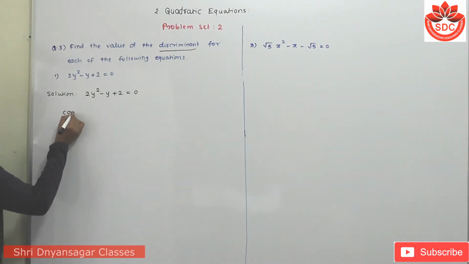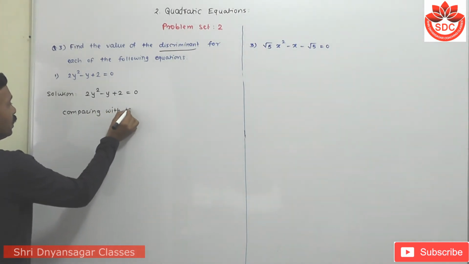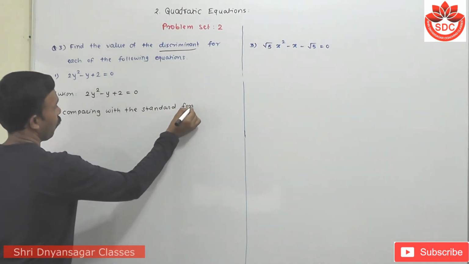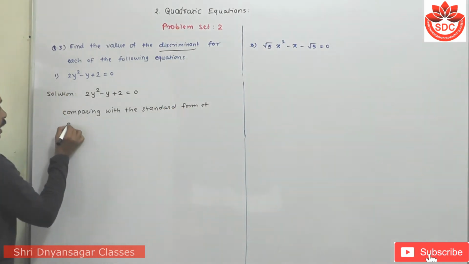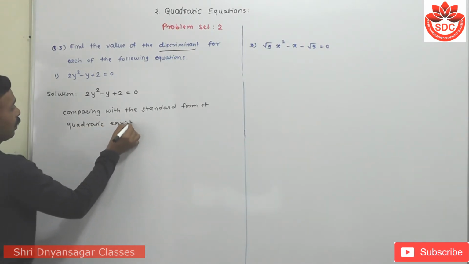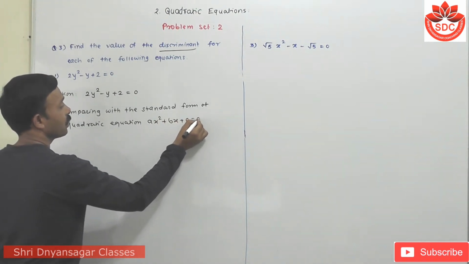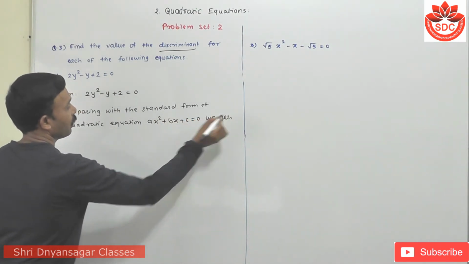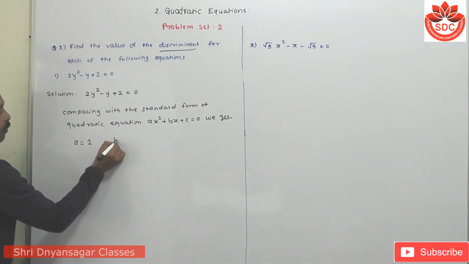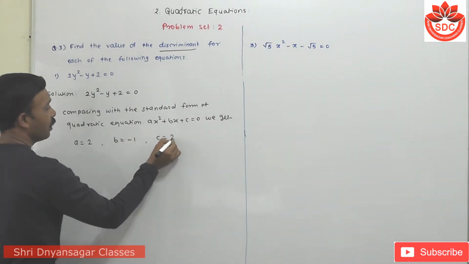So comparing with the standard form of quadratic equation, ax square plus bx plus c is equal to 0, we get a is 2, b is minus 1 and c is plus 2.